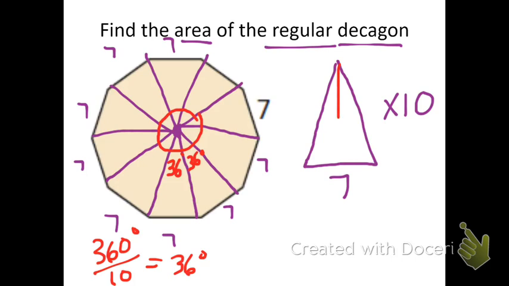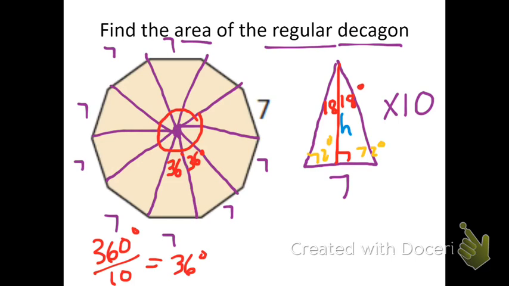Which means if I were to split that in half to help me find the height, which is what I need to find the area of a triangle, now I create 2 18-degree angles. And then, because the angles have to add up to 180, each of these angles are 72 degrees, which you don't even really need to know, but it helps. So now, to find the area of that triangle, we have to find the height.